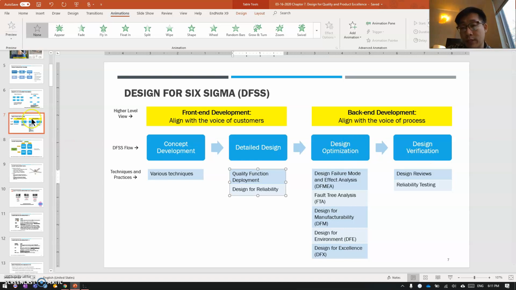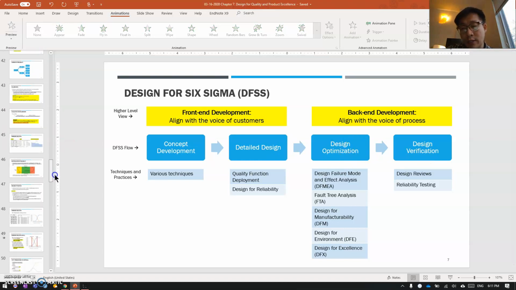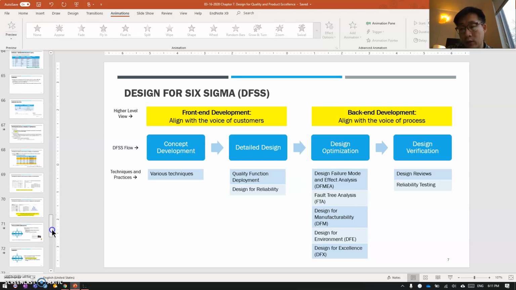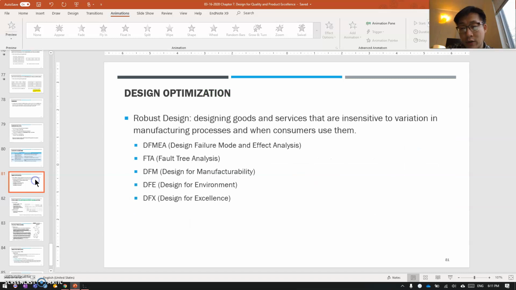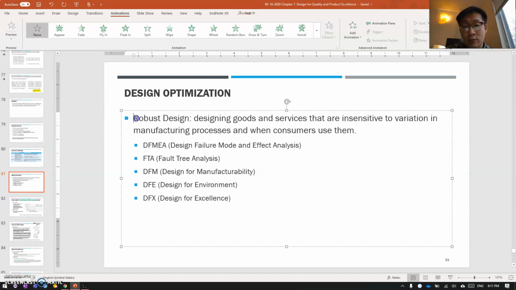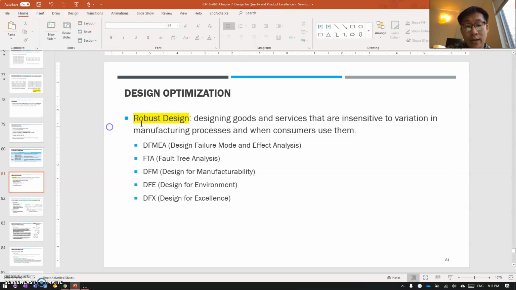So in the design optimization phase, of course, there are a lot of things you need to do. You need to design a product that is optimized for manufacturability, and it is very robust. What I'm trying to say is it needs to be very robust: design goods and services that are insensitive to variation in manufacturing processes and when consumers are using them.